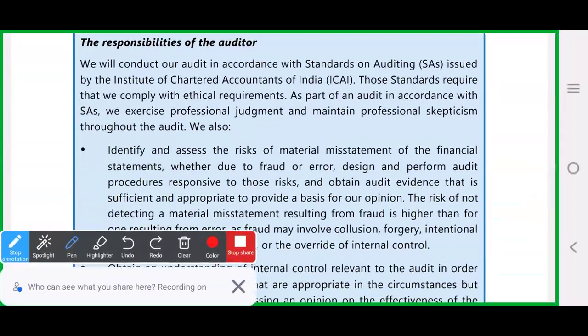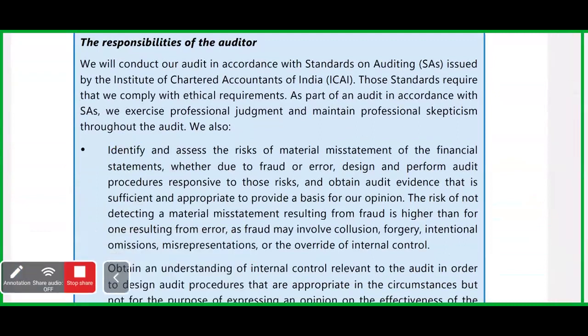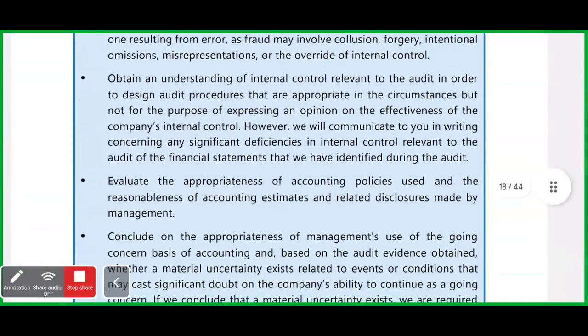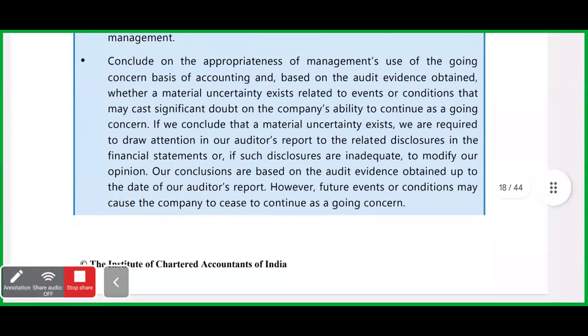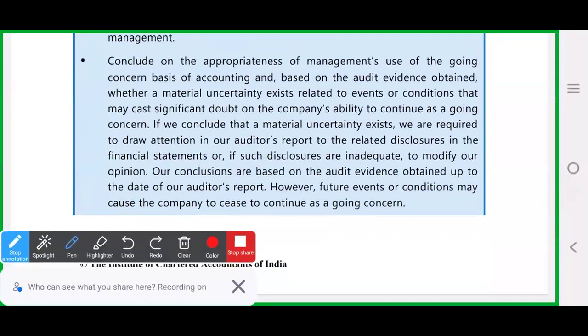The auditor has to identify and assess the risk of material misstatement. It can be due to fraud or error. The auditor should obtain an understanding of relevant internal controls of the company. The auditor should evaluate the appropriateness of accounting policies, whether they are fair enough and prepared on the basis of reasonableness. The auditor should conclude on the appropriateness of management's use of going concern.